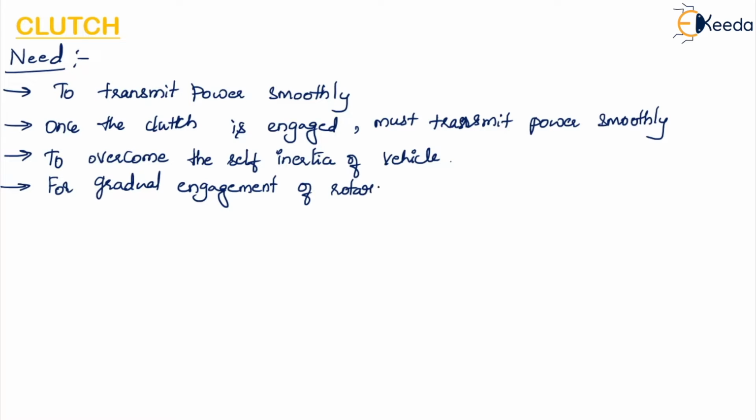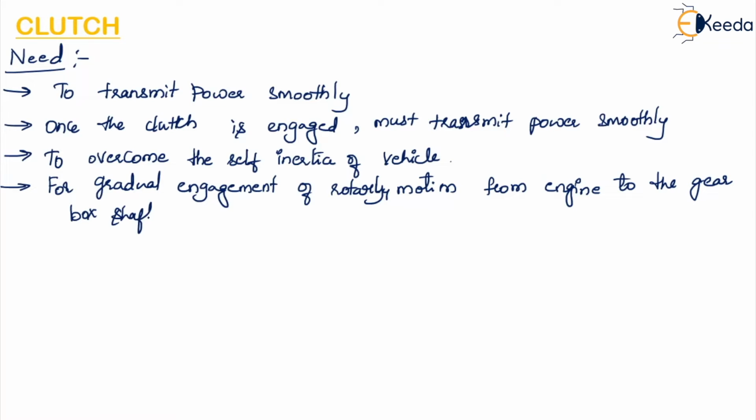These clutches are also used to disengage drive from the engine to the gearbox for changing of different gears. When you want to change the gear, you have to first press the clutch, then you will change the gear. That is the meaning of this sentence.